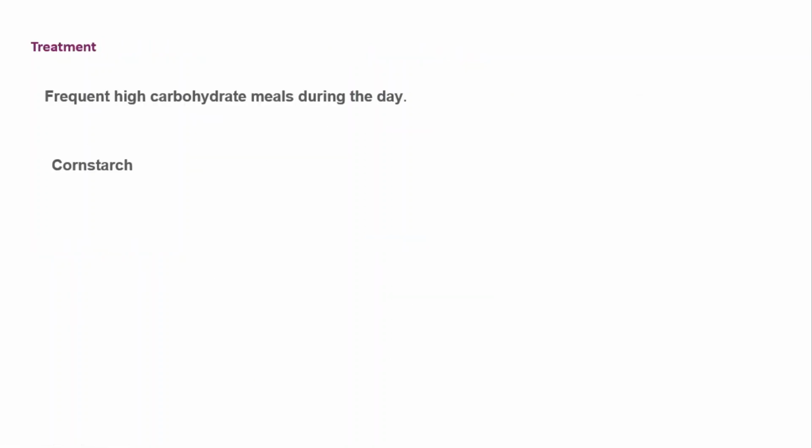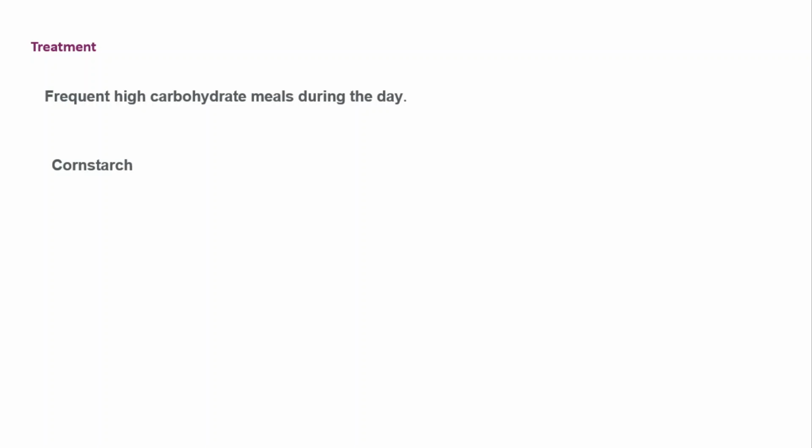And how to treat this? Frequent high carbohydrate meals during the day. See, the importance of glycogen is this: if you are having a meal, for example tiffin at 8 o'clock, then from 8 until your next meal at approximately 1 o'clock, you are not going to have any food, right? In the meanwhile, the cells require energy, whereas you are not taking any meal to provide energy for the cell.